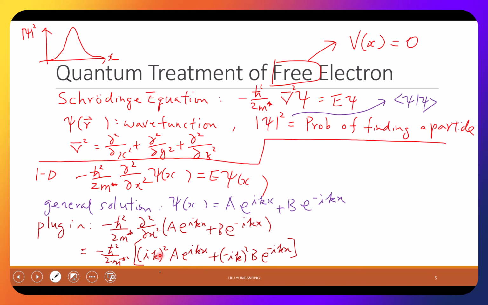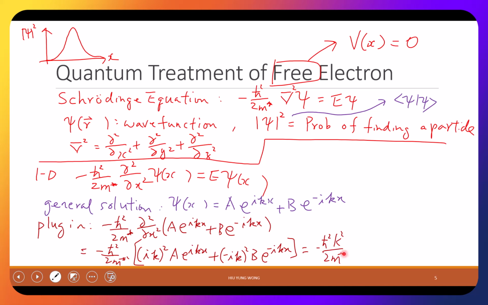So what is this? This gives me negative k squared. This also gives me negative k squared, because negative times negative 1 is 1, and i squared is negative 1, right? So this whole thing is going to give me negative ħ squared k squared divided by 2m.